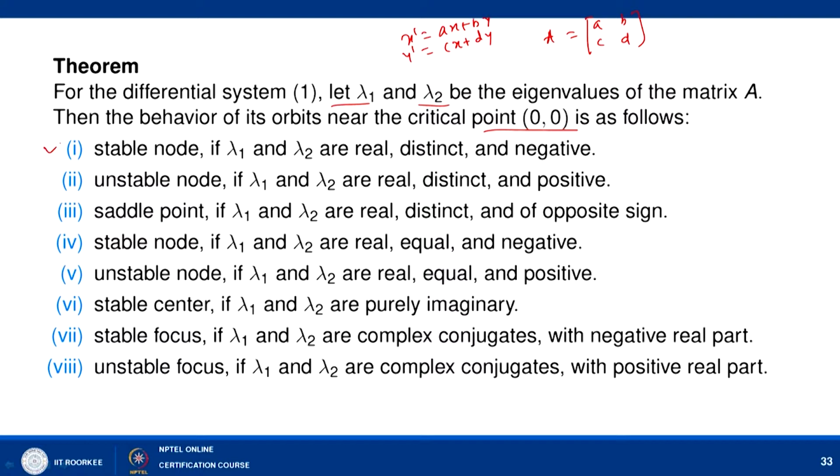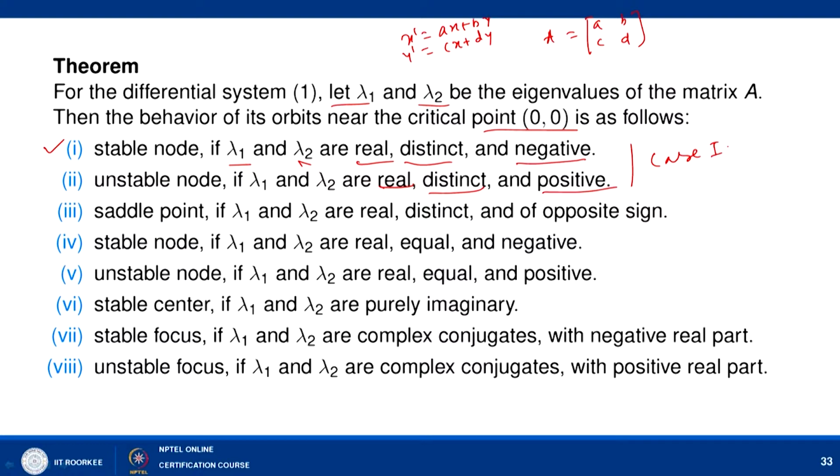Stable node if lambda 1 and lambda 2 are real, unequal and negative, and unstable node if lambda 1 and lambda 2 are real, unequal and positive. This was our case 1.